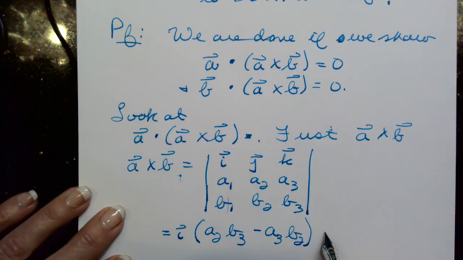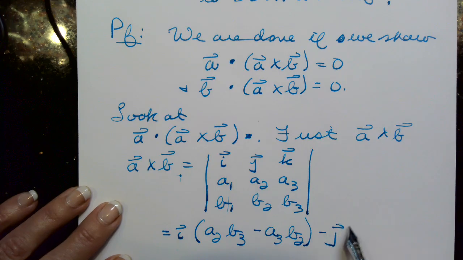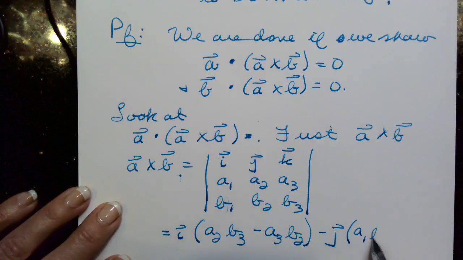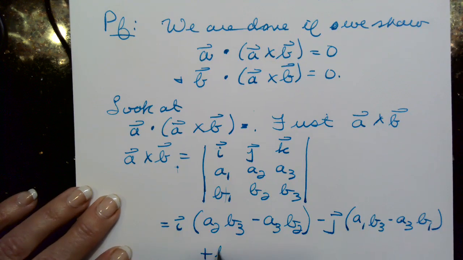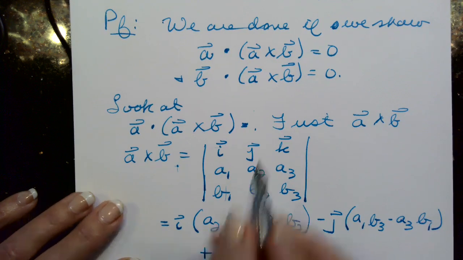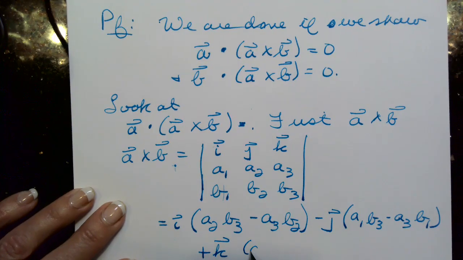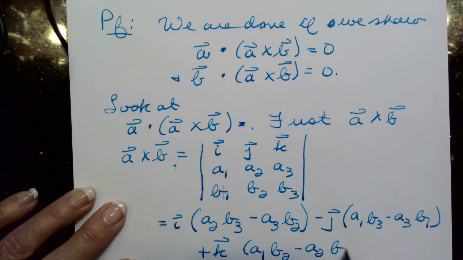Then we have minus J times the determinant of what you get when you delete the row and the column containing J. In our head, we can do that. That's A1B3 minus A3B1. And then we get plus K times what you get when you delete the row and the column containing K. So that is A1B2 minus A2B1.